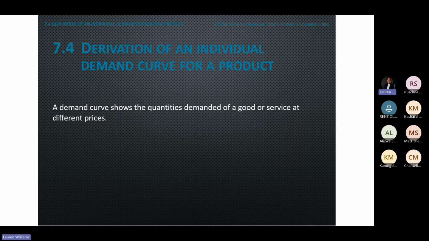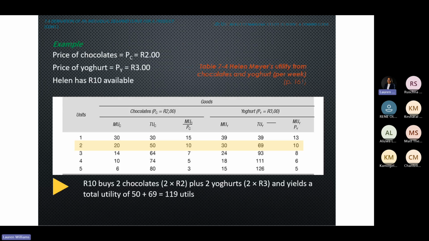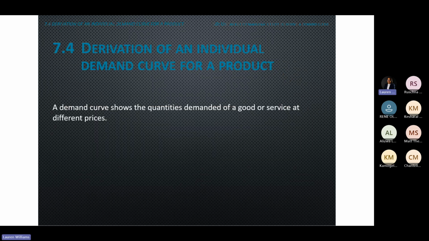I think we explained this. So we know where the law of demand comes into play, right? The law of demand is basically how much of a good we are demanding as consumers at every given price level, understanding that the higher the price, the lower the quantity demanded. But now, how does that fit into your consumer equilibrium?